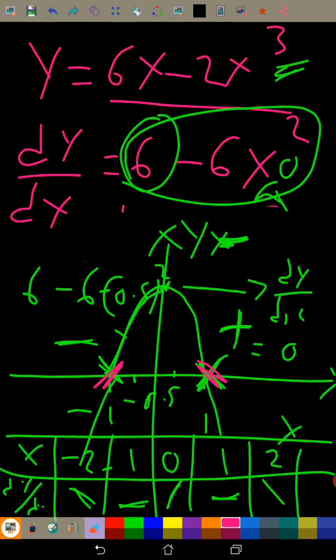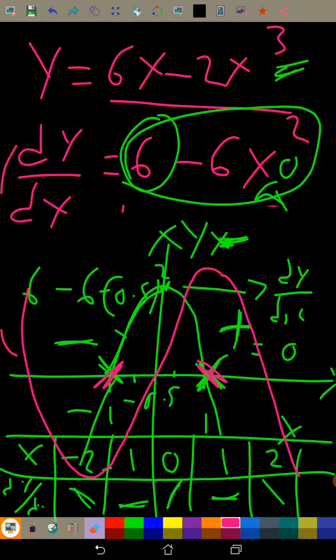We have two turning points. So if we have to plot the graph, it's going to be something like this, this, and this. So this is this function. So at what point we have the turning points is at this point and this point. These are the coordinates.